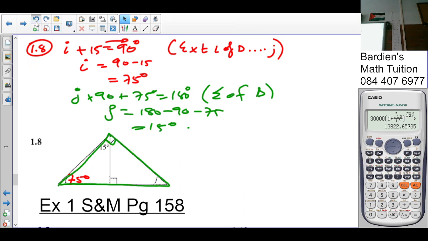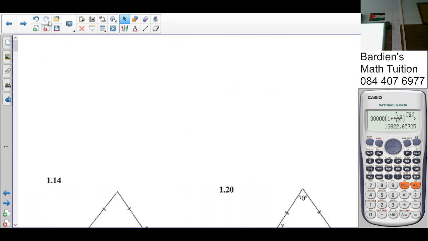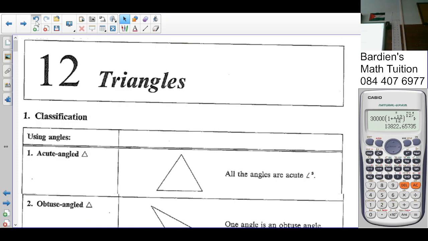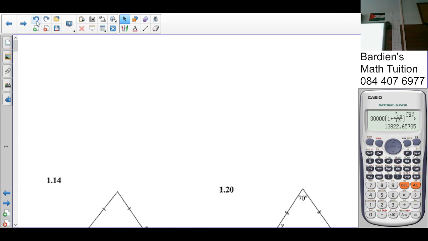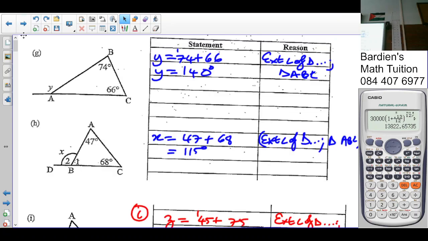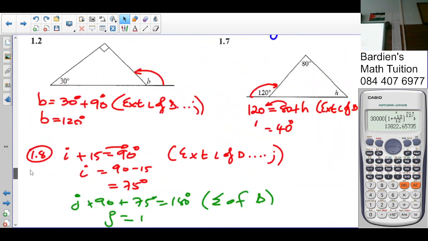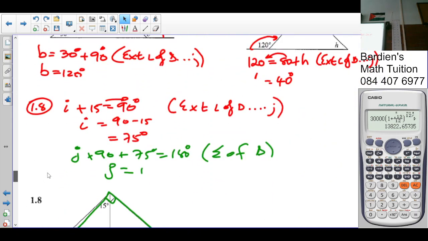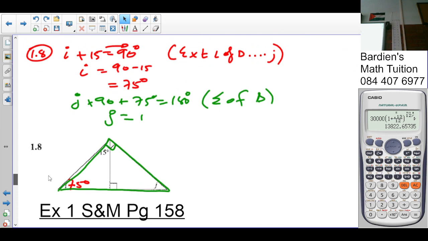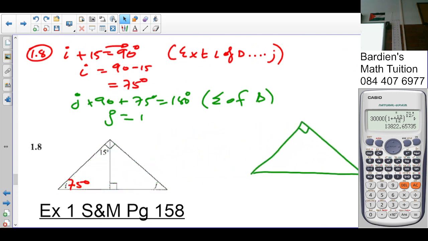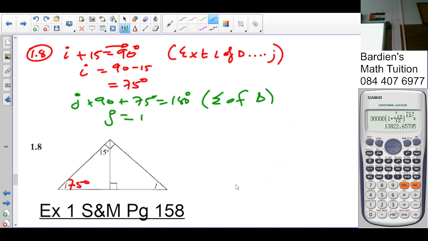Unless you go with the fact that this is also 90 degrees.